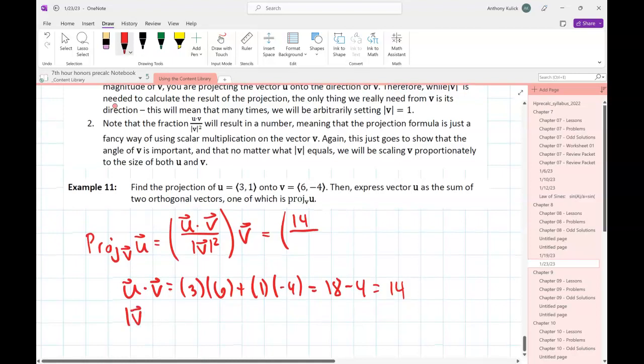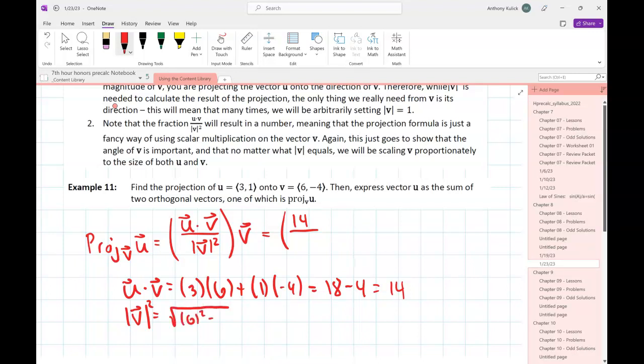And then I need the magnitude of v, well, really the magnitude of v squared. Let's write it that way. Now keep in mind, when I square a magnitude, it's just going to blow up the square root on it, which is lovely. I love that because now the arithmetic is just less of a hassle.